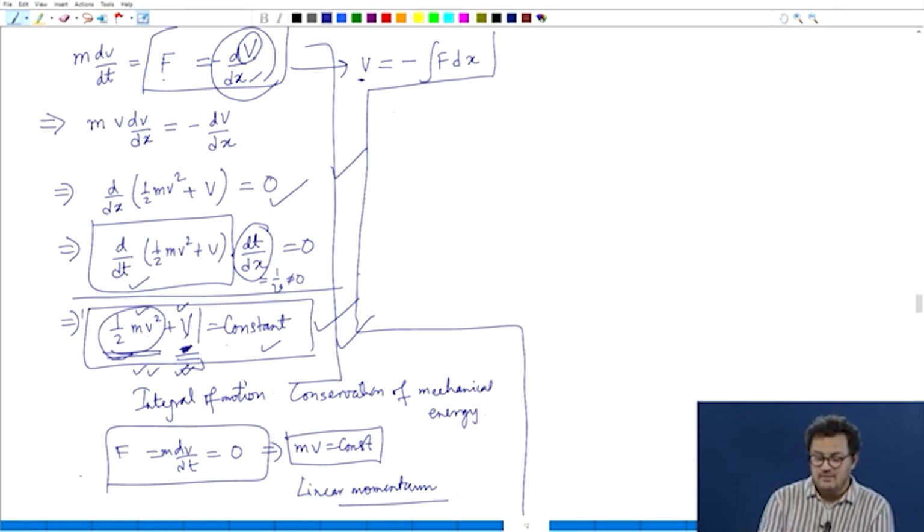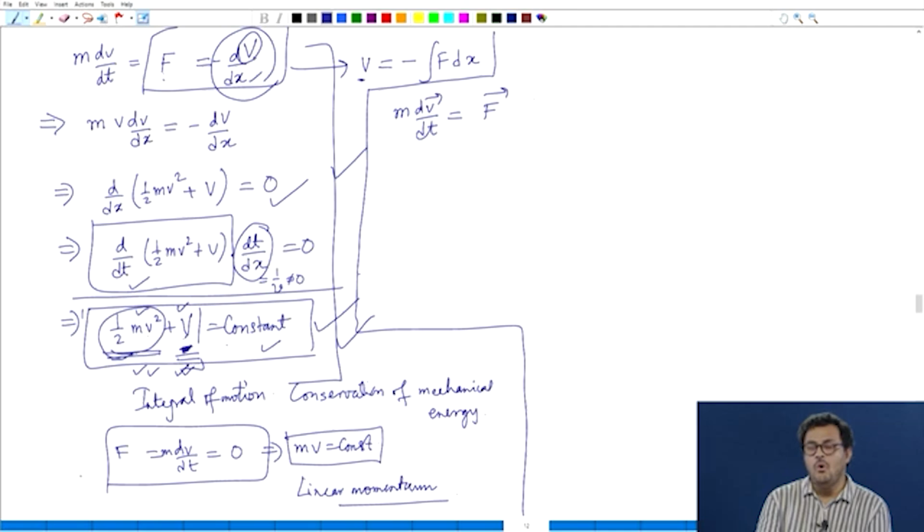What I was trying to say is that I need m dv/dt, which is equal to F, which can come from all the spatial variations, the variation of all the spatial coordinates. Okay. And so, for that I have to somehow generalize this expression.